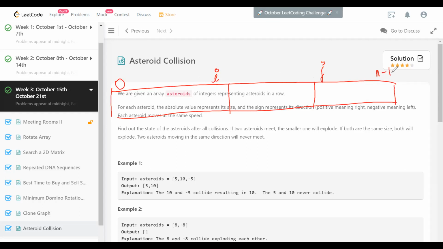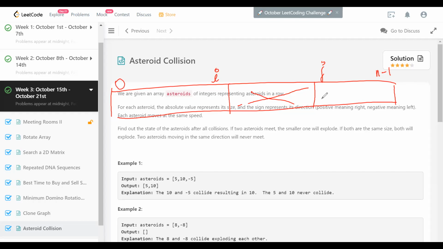There are n asteroids. So 0 to i are the asteroids which are intact right now. They are not exploded. The ones in between i and j are the ones which are exploded, and j onwards are not yet explored. And i and j essentially are next to each other at that instant.